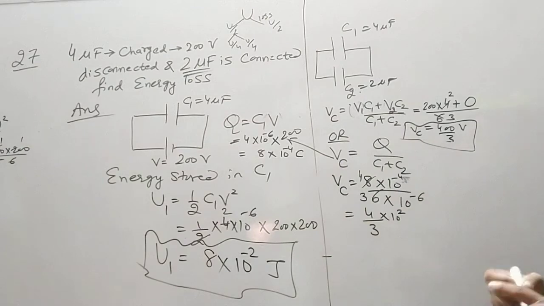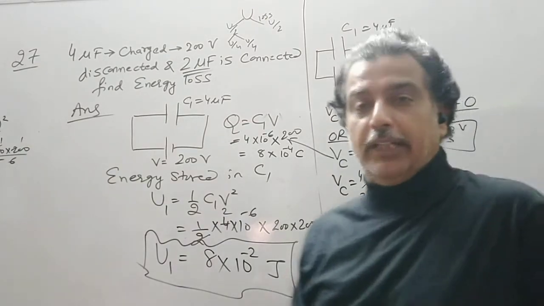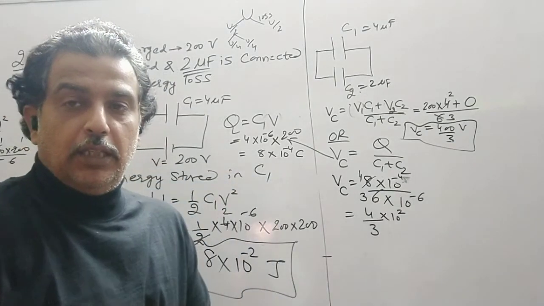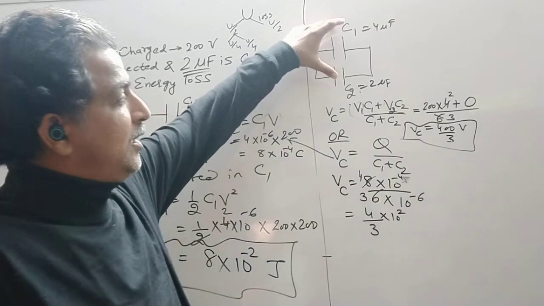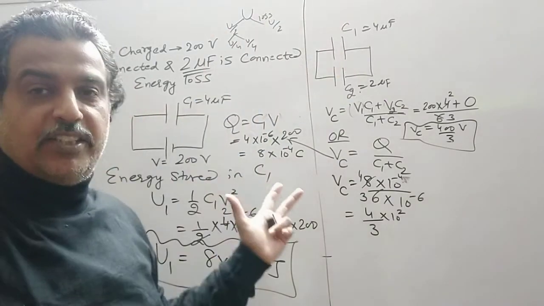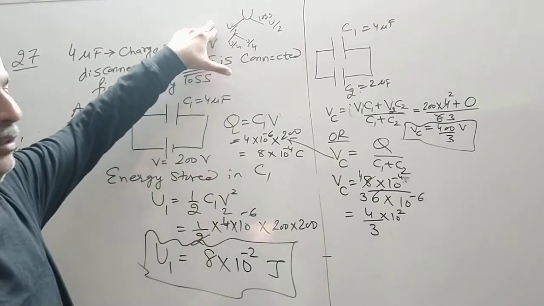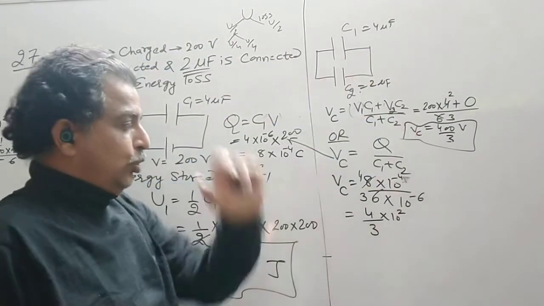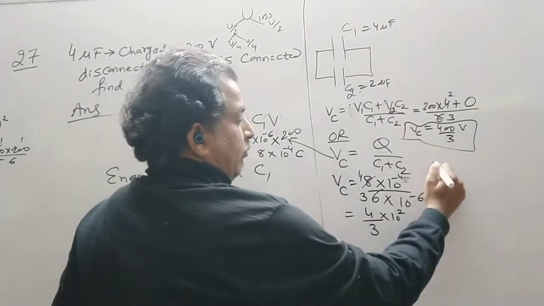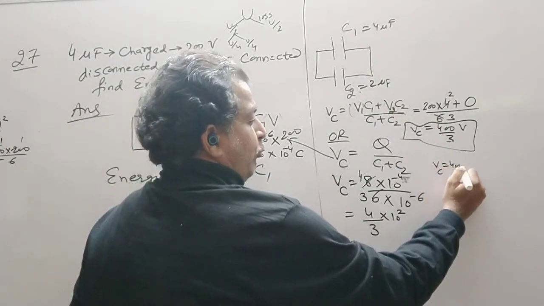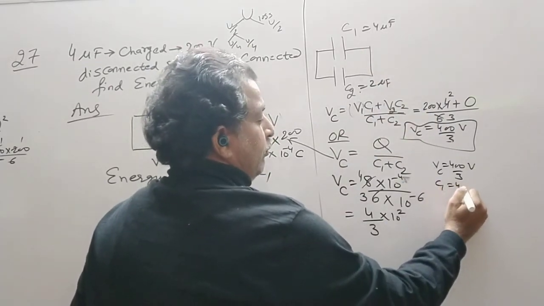Now since I have to directly find out the loss, they have asked me to find out the loss. If you have to find out the energy stored in each capacitor when the battery is removed, this was the case when they were identical. So common potential is known, so now I will put VC, that is common 400 by 3 volt, C1 4 microfarad.